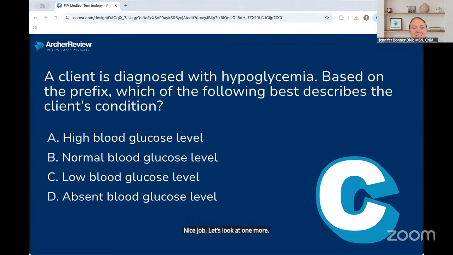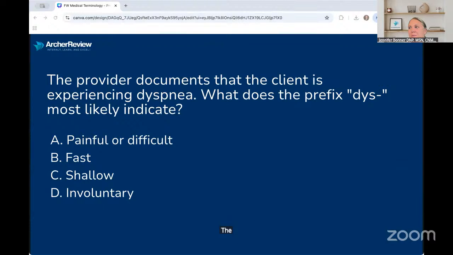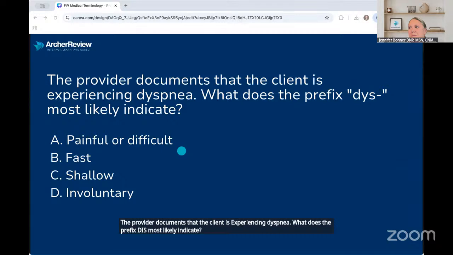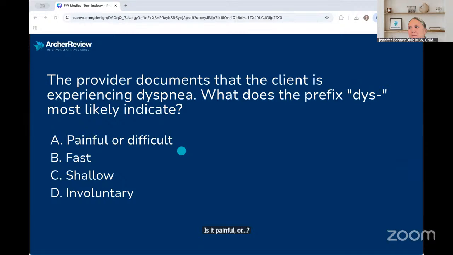The provider documents that the client is experiencing dyspnea. What does the prefix dys most likely indicate? Is it painful, difficult, fast, shallow, or involuntary? You are doing an amazing job.